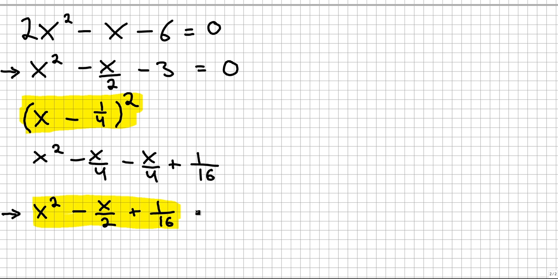So I'm gonna add minus 3 and minus a 16th. So let's see, minus 3, sorry, minus a 16th. Let's change this into 16ths. So I'm gonna write it as minus 3 times 16 over 16 minus 1/16.